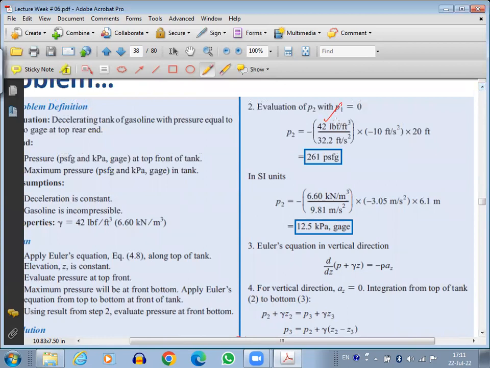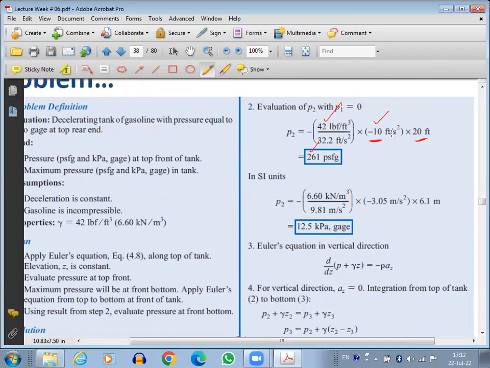Gamma is given. Okay, g is known. Then acceleration is given, it was negative 10. Okay, and we know the length of the container.